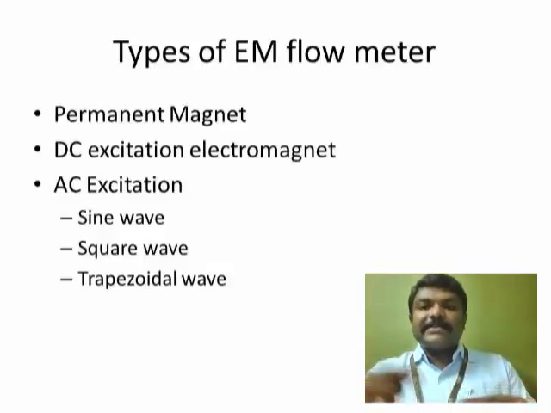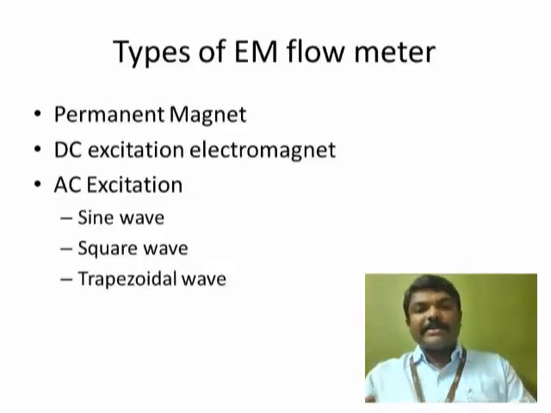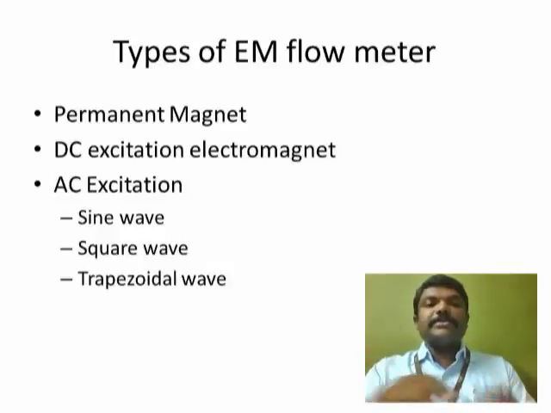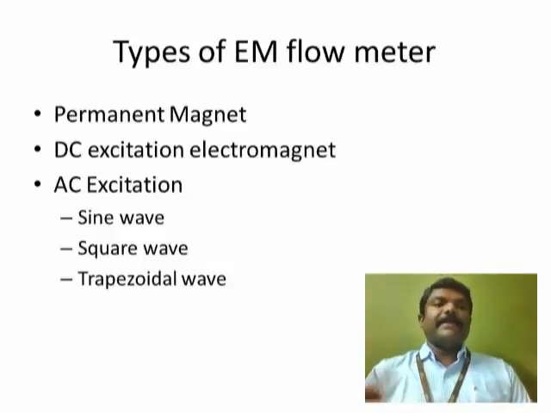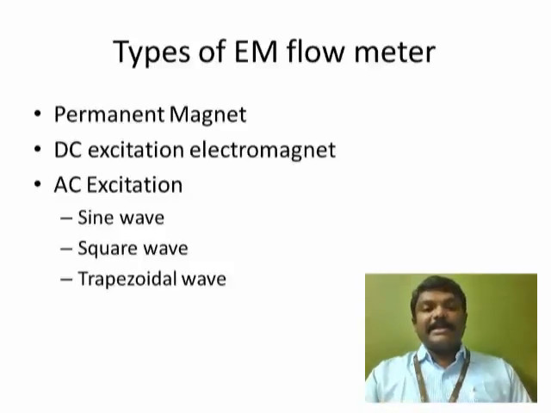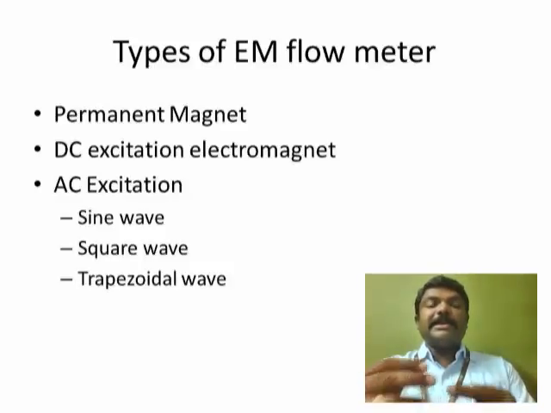So this transformer effect will induce an additional voltage, that is kind of a noise signal, and that will superimpose on the induced EMF. Interestingly, the transformer voltage is higher than the signal of interest.